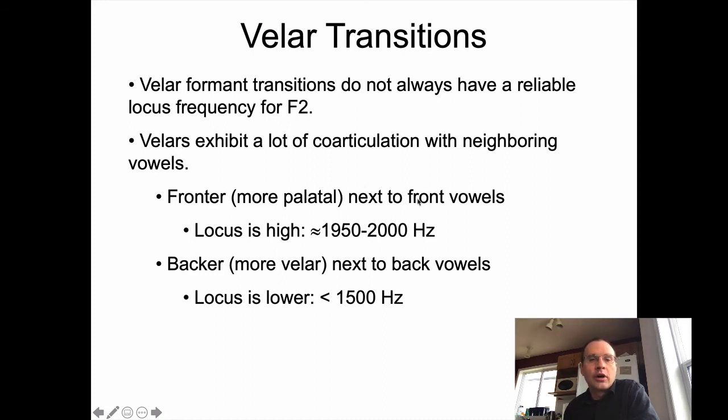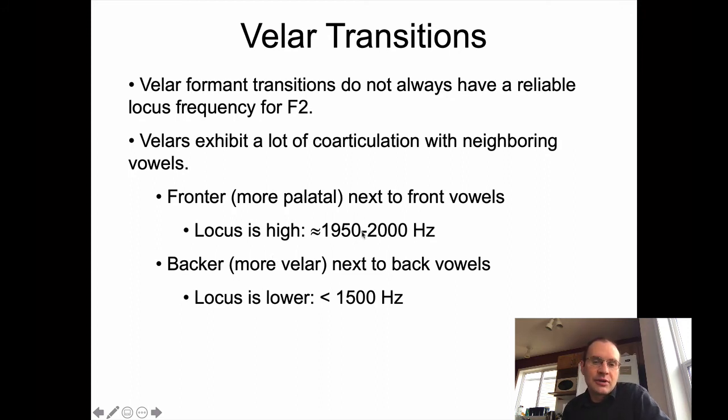For fronter vowels like E and A, a velar stop will be pronounced more like a palatal stop. You move your whole tongue forward. And for backer vowels like oo or ah, you're going to produce a backer, more velar place of articulation for a velar stop.